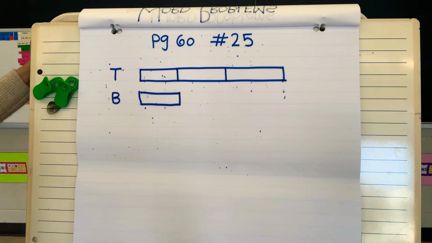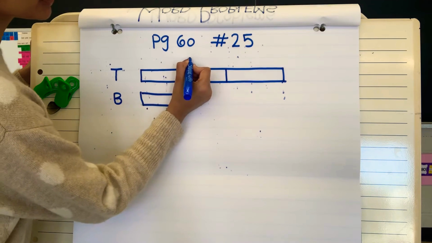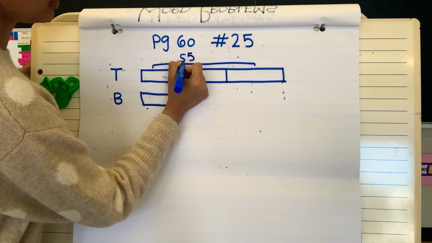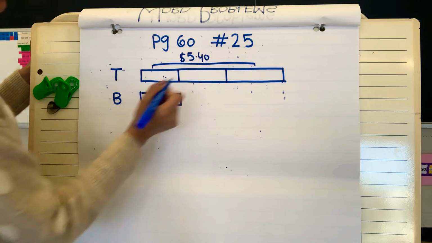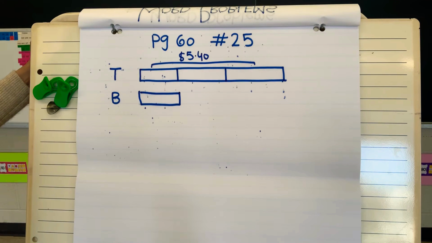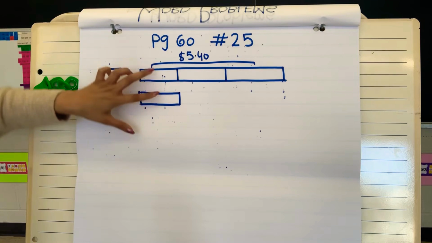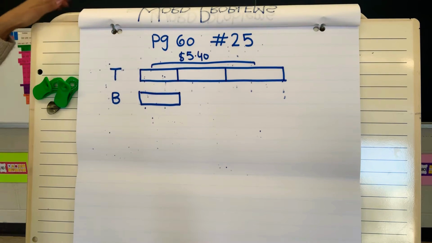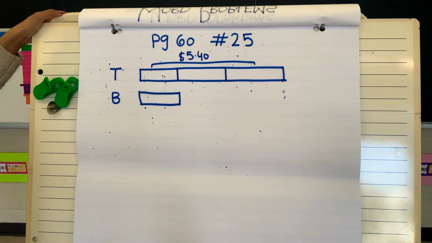Okay, now we know that Taylor has $5.40. So all together, Taylor has $5.40. So we can compare these two. Then we ask, are we given equal units?